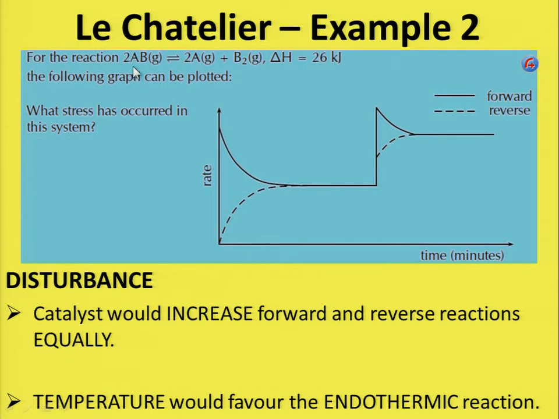And in the beginning of the problem, we noted that if you look at the reaction equation, delta H is positive. That means the forward reaction is endothermic. So, the endothermic reaction is influenced more. So therefore, what stress has occurred in this system? Temperature.